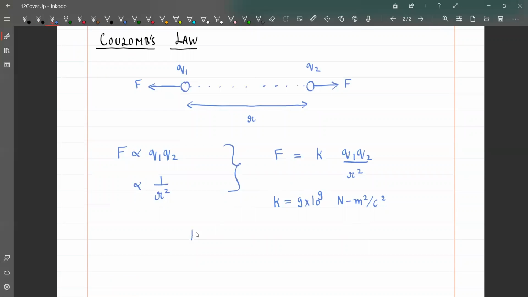And for reasons that we'll be studying later, K is written as 1 by 4 pi epsilon naught. Pi is the ratio, circumference by diameter.